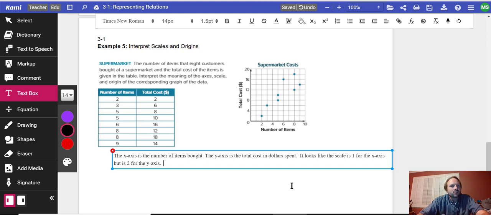I mean, the total cost is always going to be 0, and the total number of items is going to be 0. It doesn't change anything. We didn't say, hey, this is the amount from 10 items, so it'd be like to 12. No, they only had this many. So the origin would be 0, 0: 0 items sold, and the cost being $0. All right, there we go.